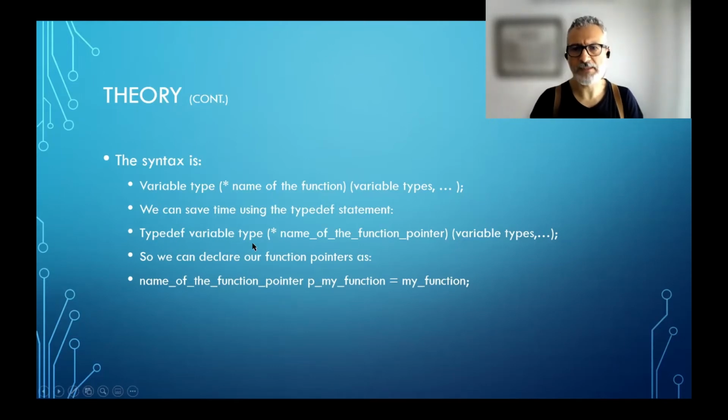We can say typedef, variable type, parentheses, asterisk, name of the function pointer, parentheses, and open parentheses, and the variable types we need as parameters. Okay, so we can declare our function pointer as the name of the function pointer, this name created before, pointer my function equals the address of my function. This is the real function we have created and this is the pointer that will keep the address to that function.